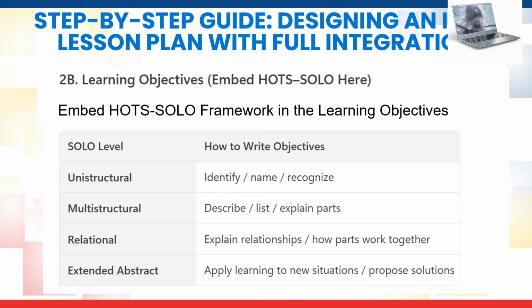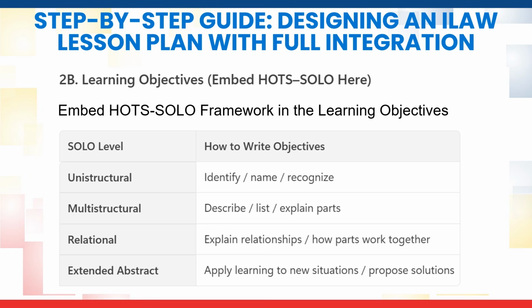We can also integrate the HOTS SOLO framework in the learning objectives. When we unpack the competencies, we can also use the SOLO framework, Structure of Observed Learning Outcomes, wherein we use the SOLO level in making learning objectives.